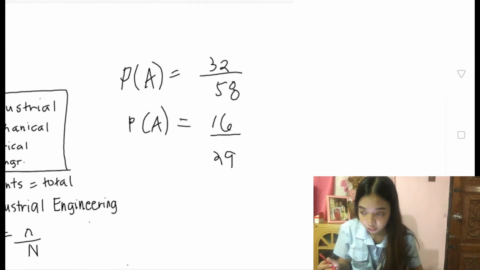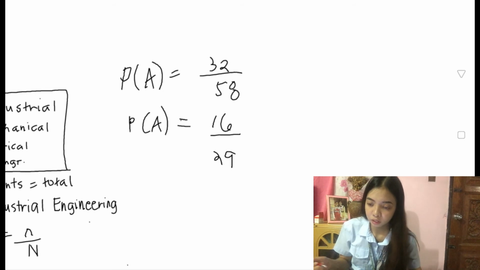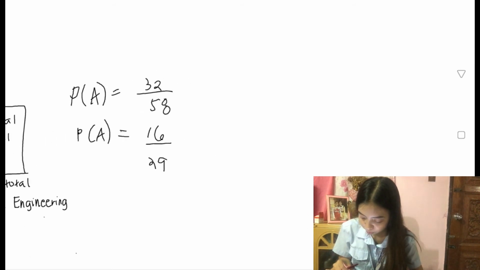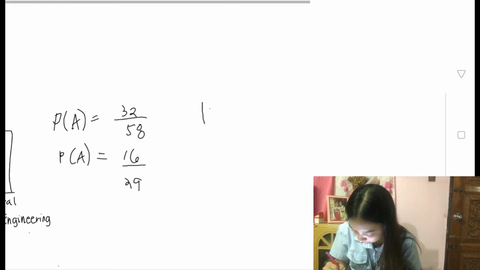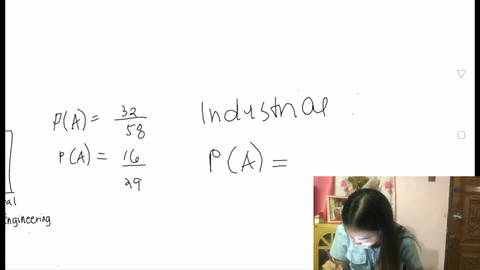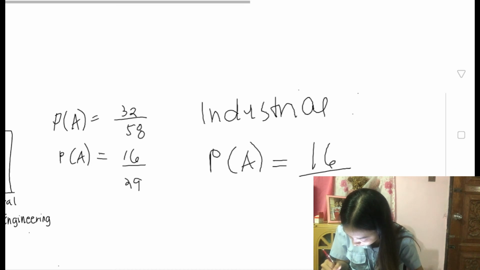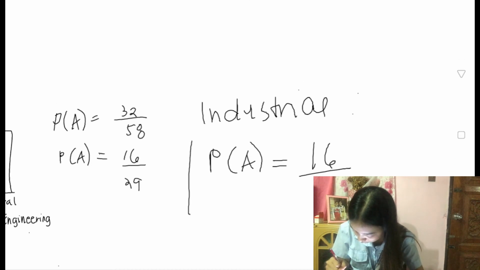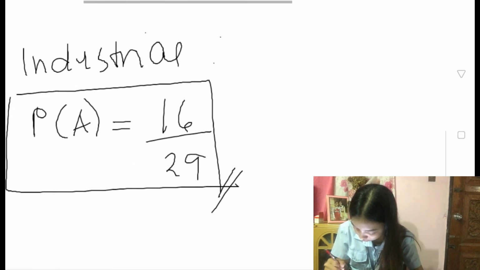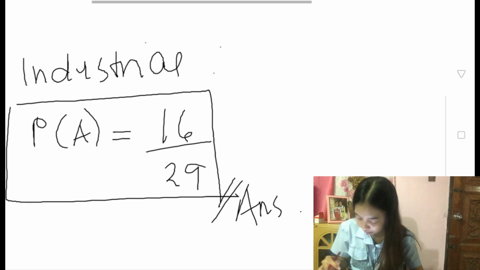So our answer for the probability that the student chosen is an industrial engineering major is P(A) equals 16 over 29. That will be our final answer for letter A.